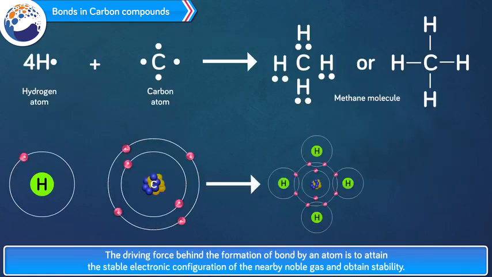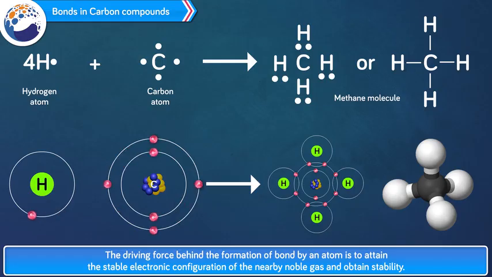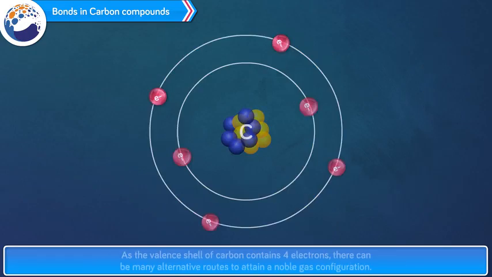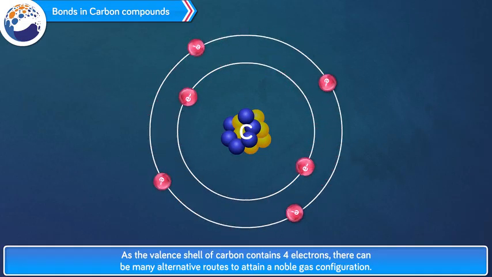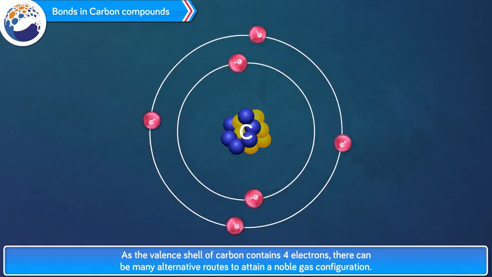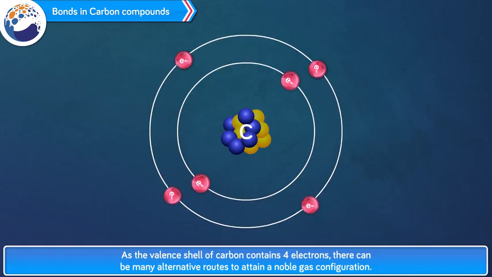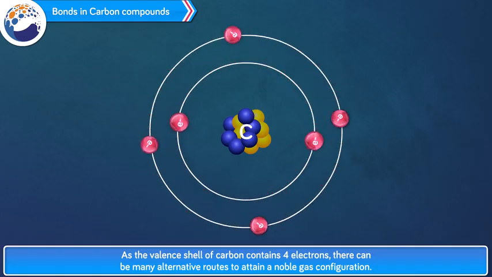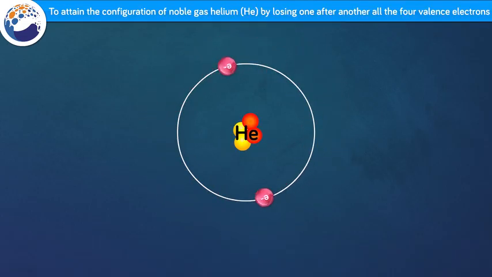The driving force behind the formation of a bond by an atom is to attain the stable electronic configuration of the nearby noble gas and obtain stability. As the valence shell of carbon contains 4 electrons, there can be many alternative routes to attain a noble gas configuration. To attain the configuration of the noble gas helium, He, by losing one after another all the 4 valence electrons.